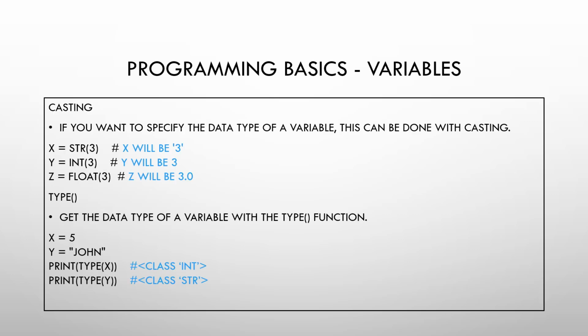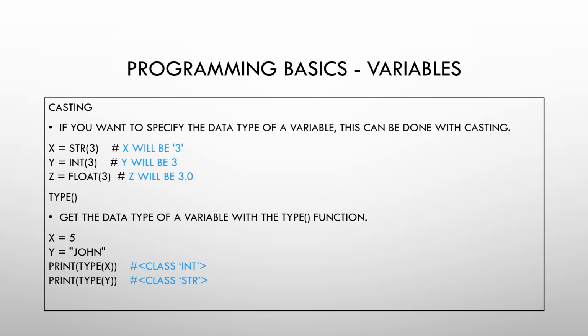So next we will see casting. So as I told already, in Python there is no need to declare a variable, but if you want to explicitly specify the data type of any variable, you can do that by casting. So see the first example, x is equal to str of 3.